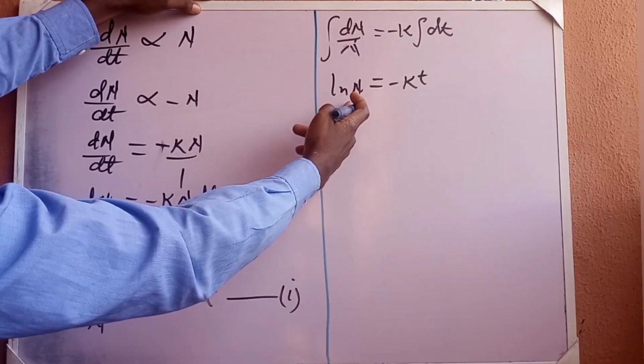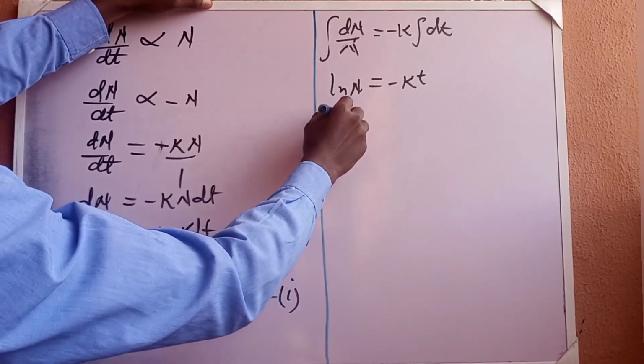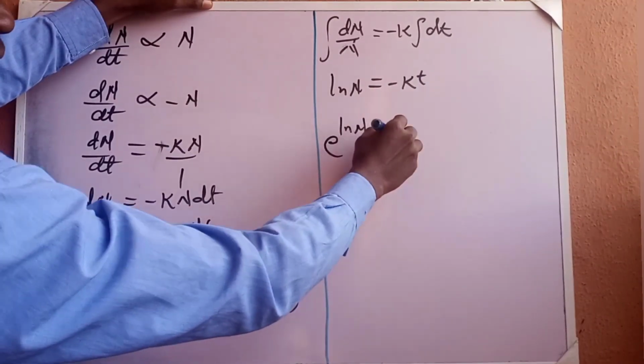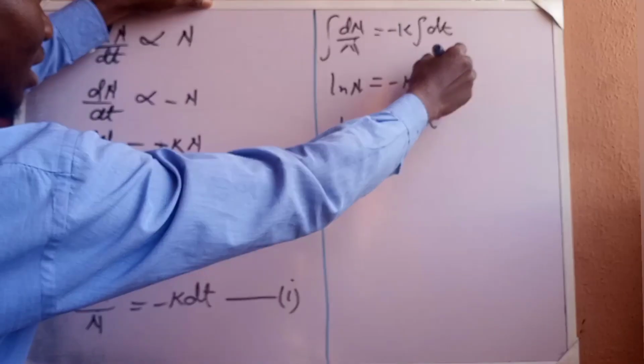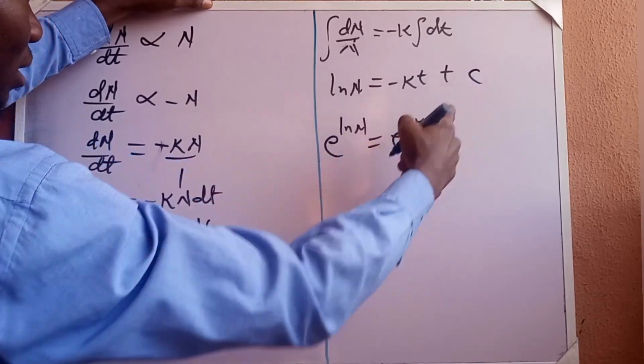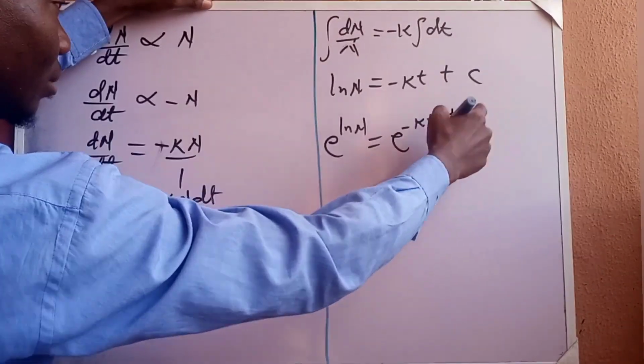So we have ln N equals negative kt. Of course, after the integration, I have to include a constant of integration, plus c here.